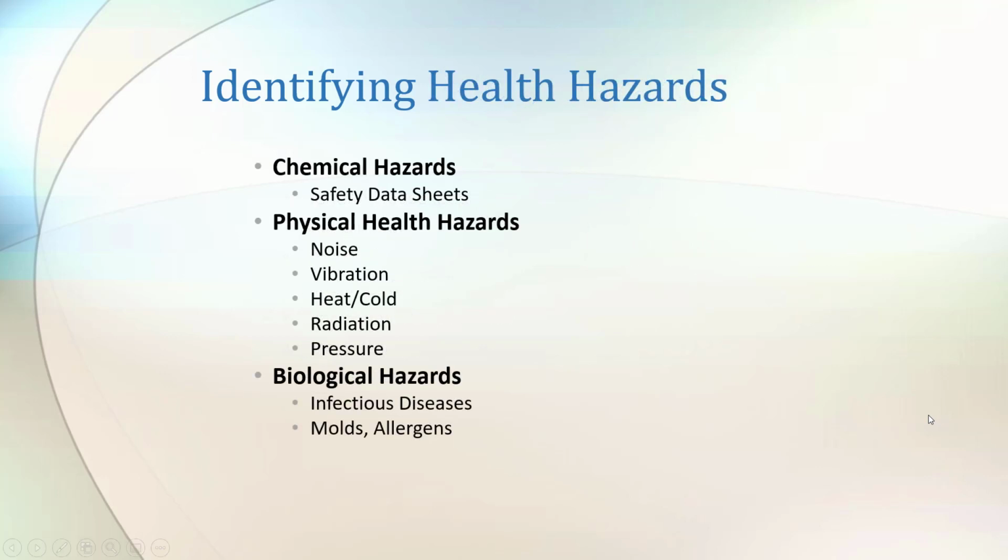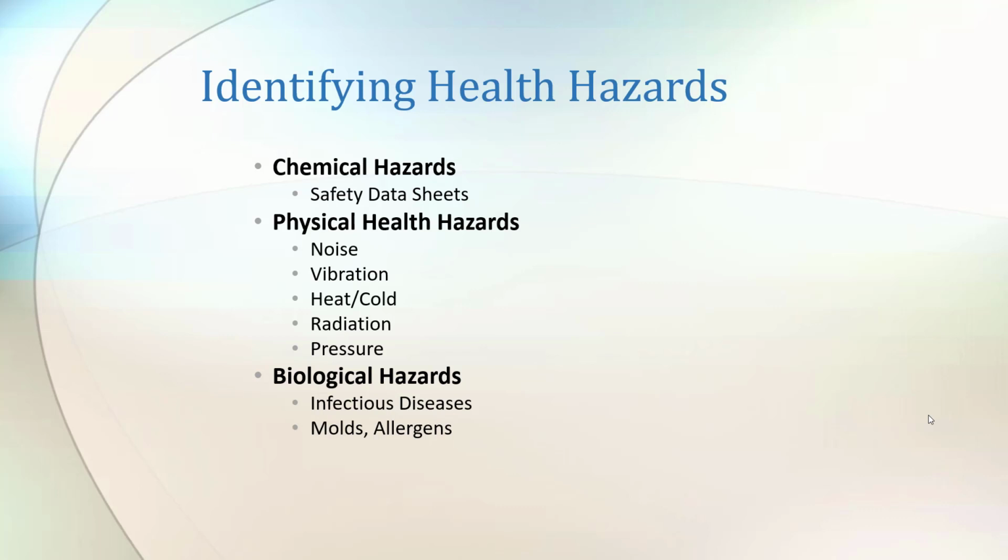Health hazards are another thing that we want to identify. You have chemical hazards, and we'll show you a safety data sheet to show you what comes with chemicals. There's physical health hazards that can cause safety issues: noise, vibration, heat and cold, different types of radiation, pressure.